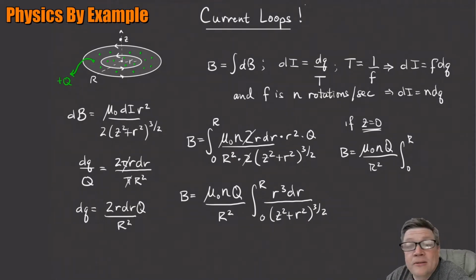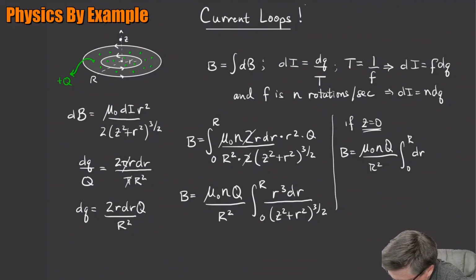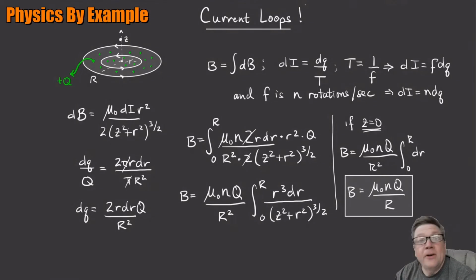That's r cubed, right? So this is just going to be the r. That simplifies way down. That's just going to give a big R. So if z equals 0, the magnetic field is just mu naught n q over r. Neat. Okay, well, we've solved one thing. So the magnetic field at the center of the disk is just that very simple thing.